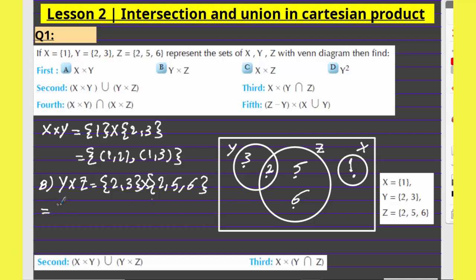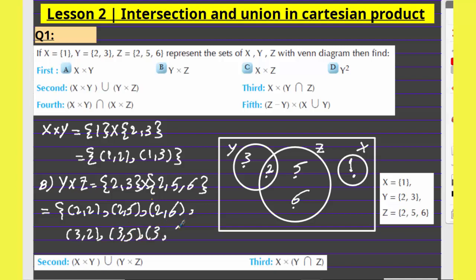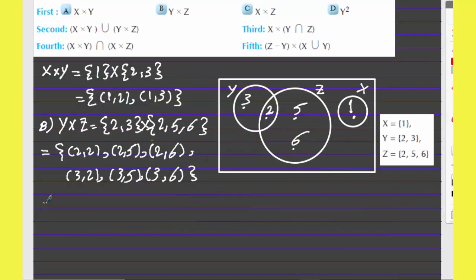So the Cartesian product equals (2, 2), then (2, 5), then we complete (2, 6). So we start again with 3. So we have (3, 2), (3, 5), (3, 6).